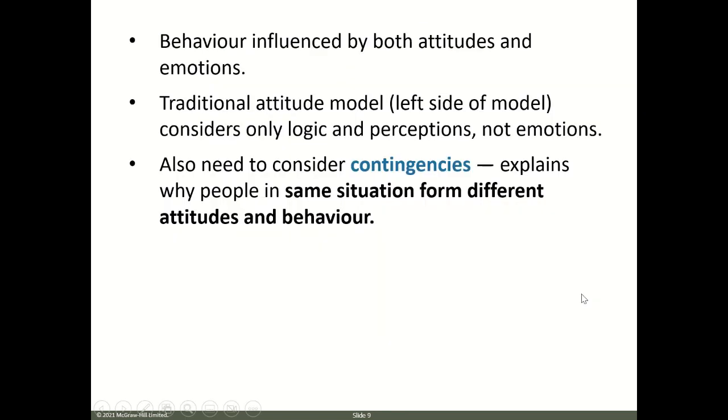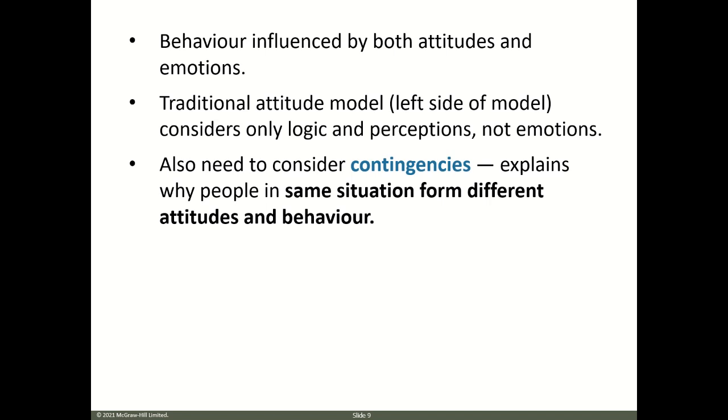Now, behavior is influenced by both attitude and emotions. The traditional attitude model, on the left side of the model, considers only logic and perceptions, not emotions, and also needs to consider contingencies. So what do contingencies mean here?